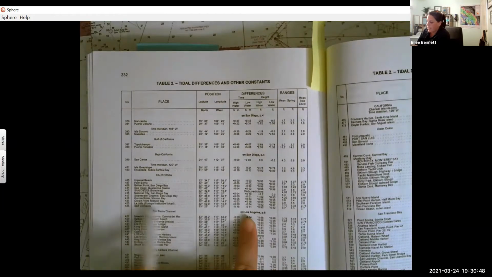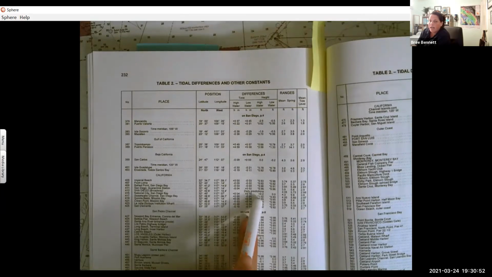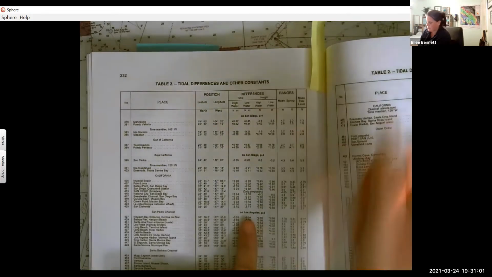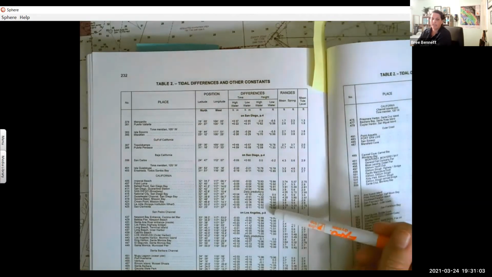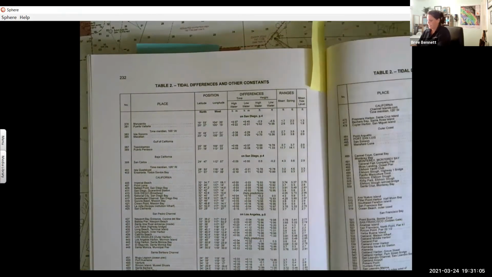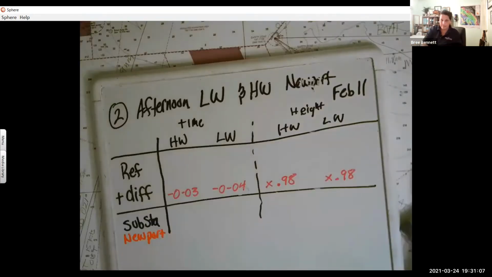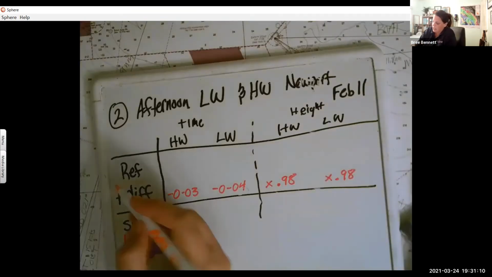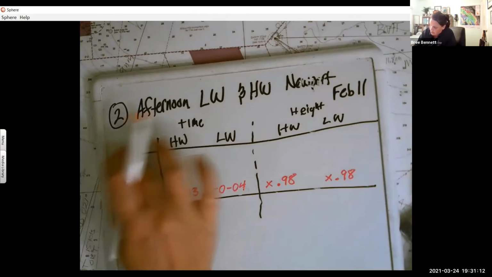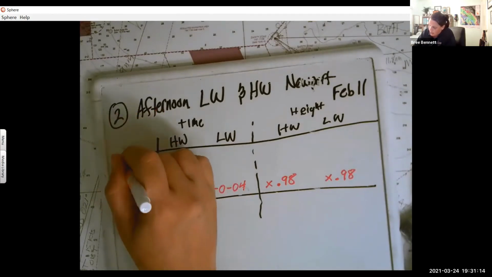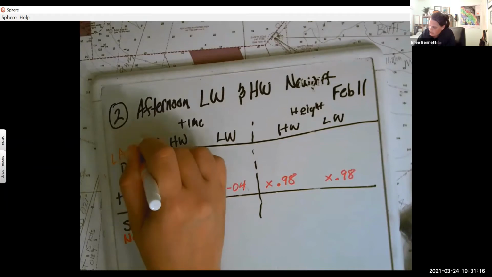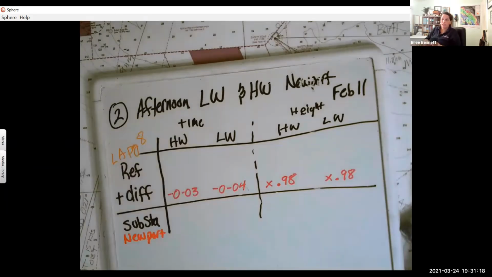So if we were looking at San Clemente, their reference station going up is San Diego. Everyone see that? How one's listing under your reference station. So I like to make a note of that and say my reference station is LA on page 8 if I have to go back to it for something.